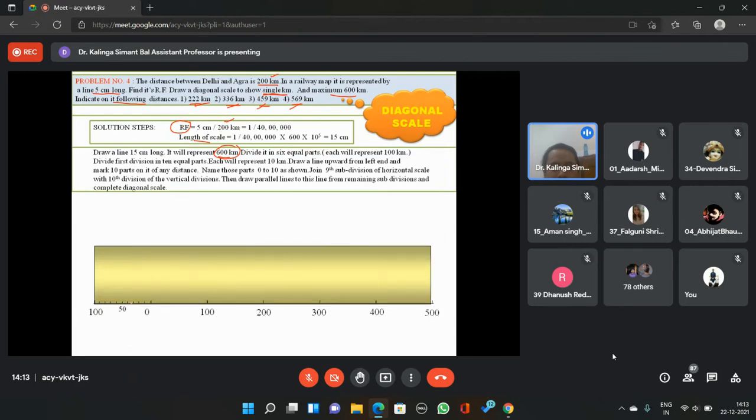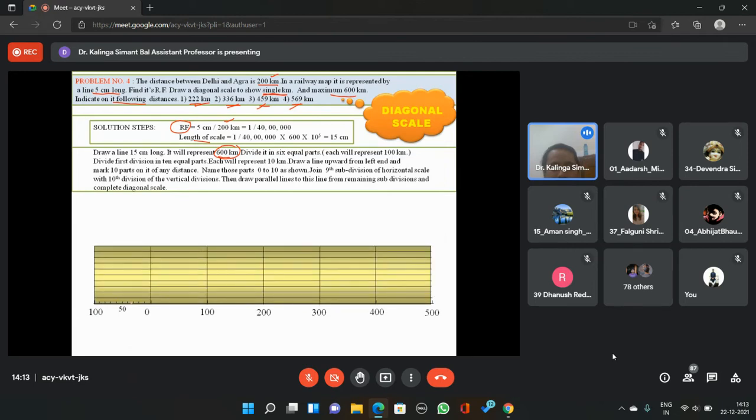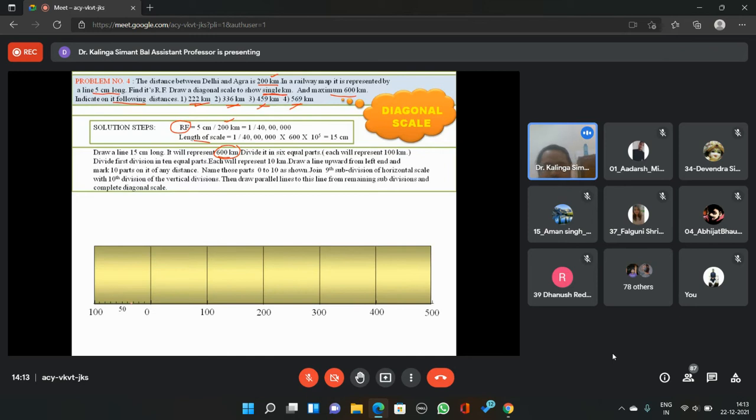Up to this, we have our scale, with smaller divisions on the left hand side and bigger unit divisions on the right hand side. Now we have to represent 222 kilometers. It is not possible to represent it here, because this is showing 50, and these are divisions like 10, 20, 30, 40, 50, 60, 70.